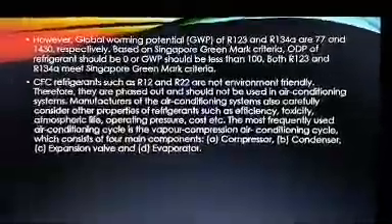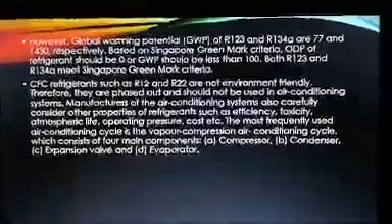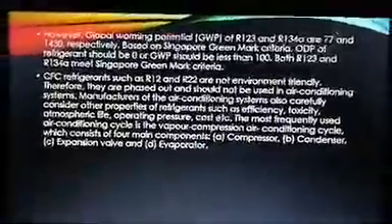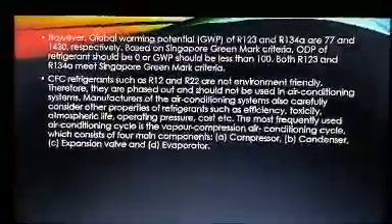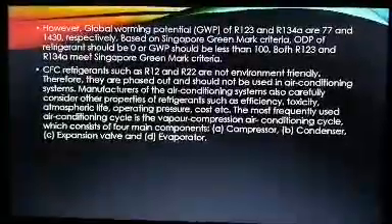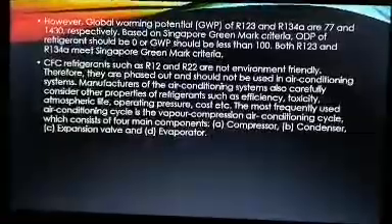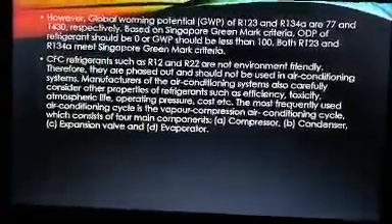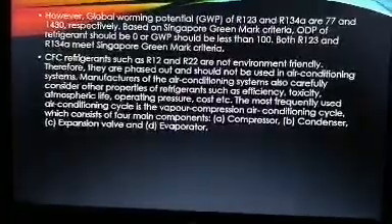However, global warming potential, GWP, of R123 and R134A are 77 and 1430 respectively. Based on Singapore Green Mark criteria, ODP of refrigerant should be 0 or GWP should be less than 100. Both R123 and R134A meet Singapore Green Mark criteria.